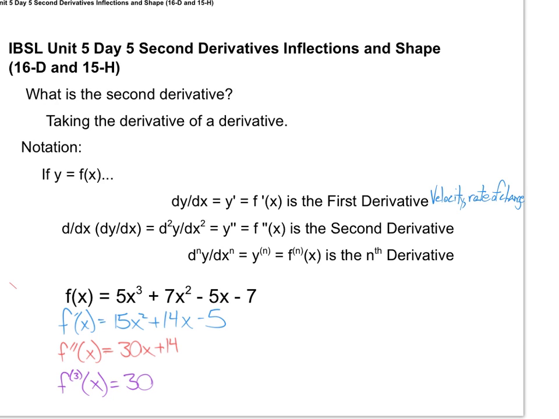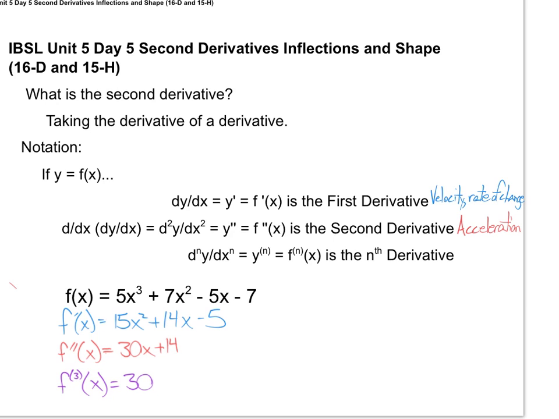And that acceleration, if it's pushing in the positive direction, it's going to be a positive acceleration. If it's pushing in the negative direction, it's going to be a negative acceleration. But that's a concept there that we're going to be using quite a bit, is that idea of acceleration. Okay?